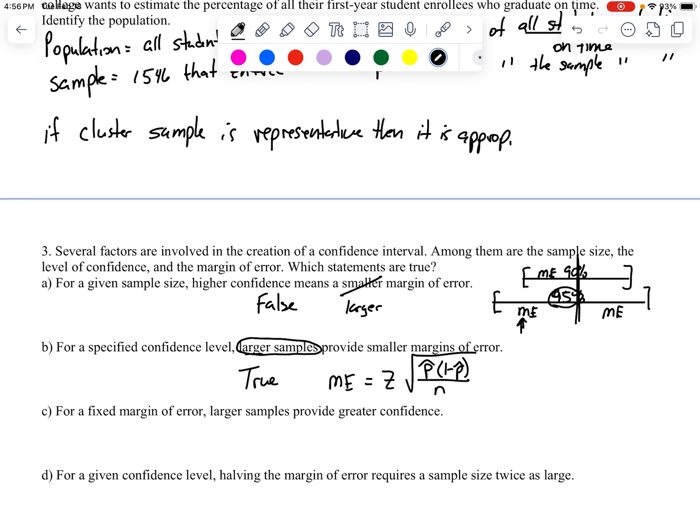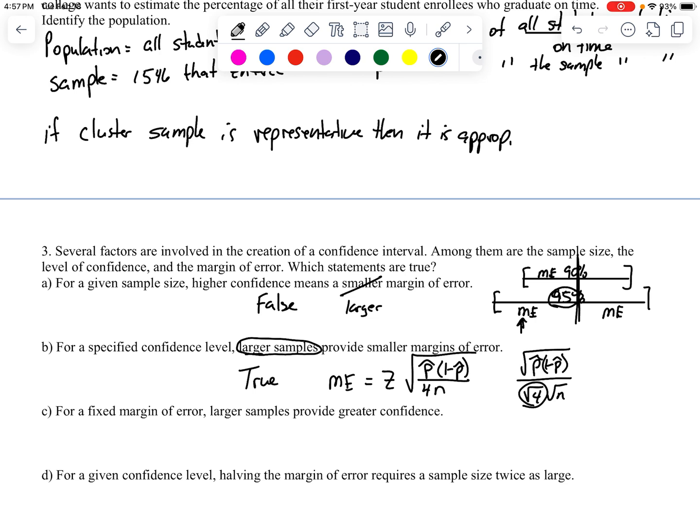Now, what we're talking about here is larger samples. So let's say I made my sample larger, let's say I put a 4 there. And then I just separated that out. I have the square root of p times 1 minus p, and I have the square root of 4 and the square root of n on the bottom.